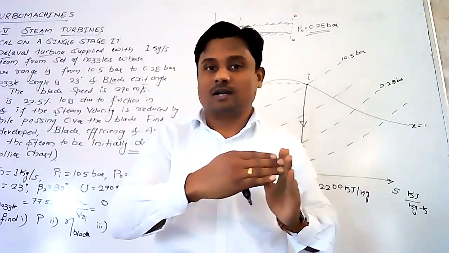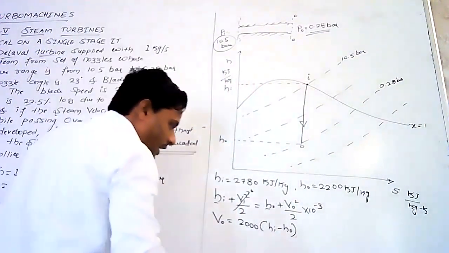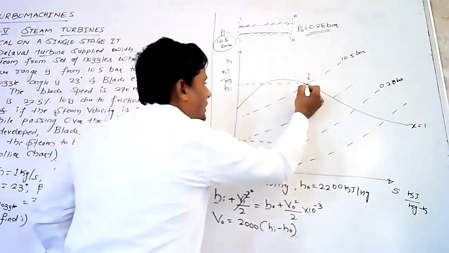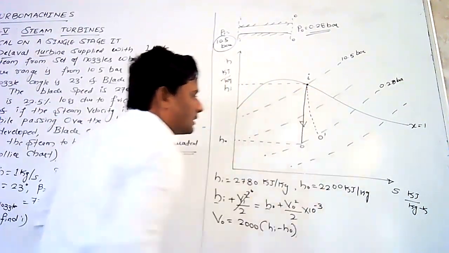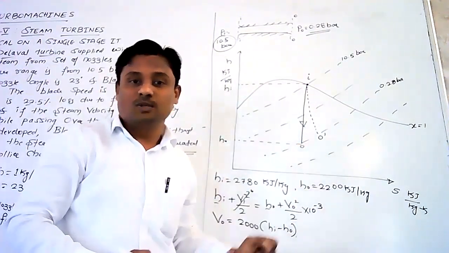So that is why the nozzle efficiency is given. Here we have to multiply with the nozzle efficiency to get the actual expansion. This is the isentropic expansion and this is the actual expansion.